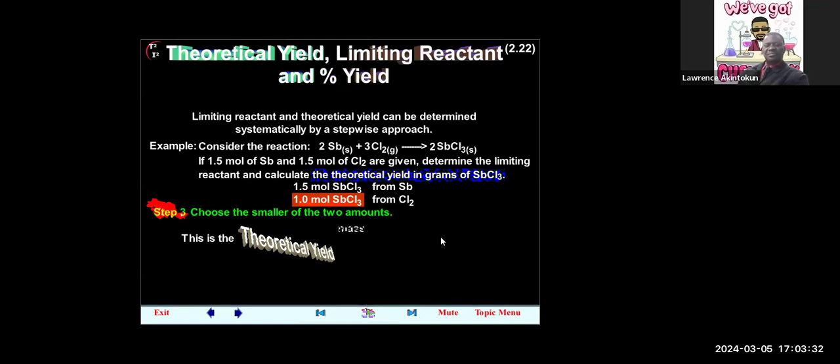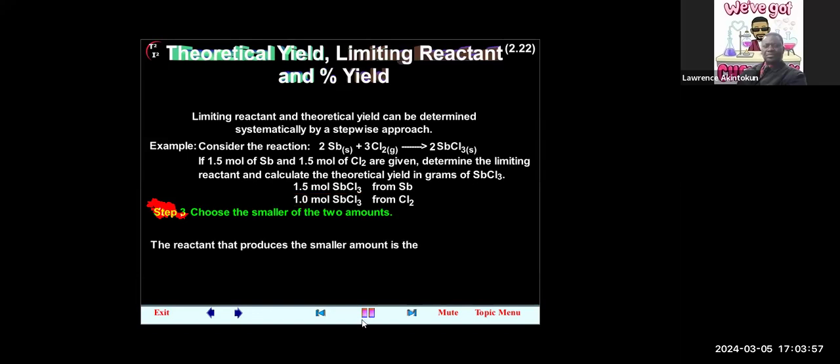Mass is equal to mole times molar mass, which is 1.0 times 228.2, equal to 228.2 grams.